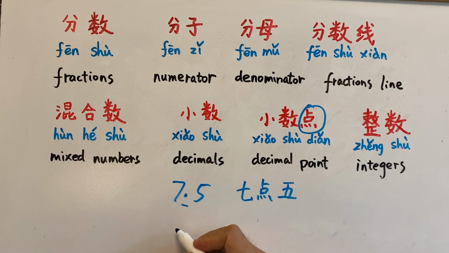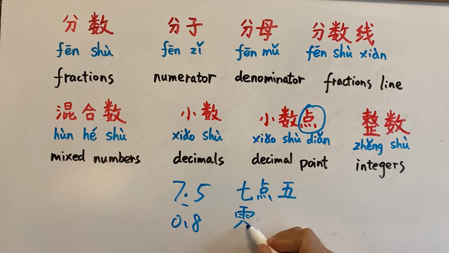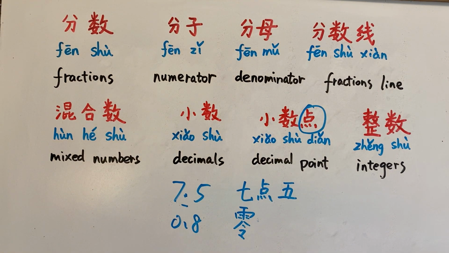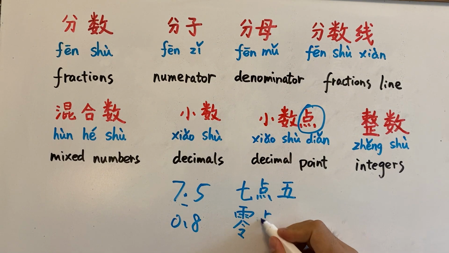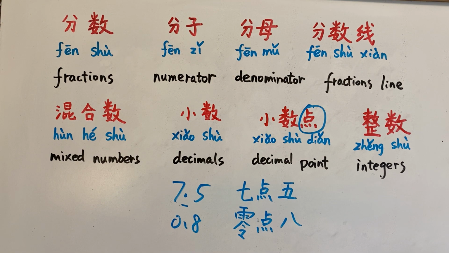And for another example, when the integer part is 0, we call it 零. The Chinese character of 零 is this. 零点八, 0.8.